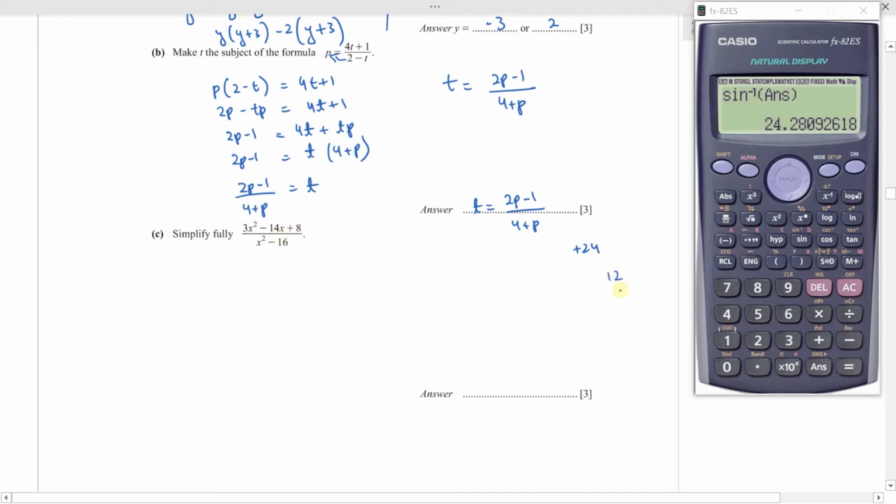So the two factors are 12 and 2. 12 times 2 is 24. 12 plus 2 is 14. Since this is negative, I'll add them in the negative. So 3x squared minus 12x minus 2x will give me minus 14x plus 8 over. In the denominator, I can use the formula a square minus b square is a plus b into a minus b.